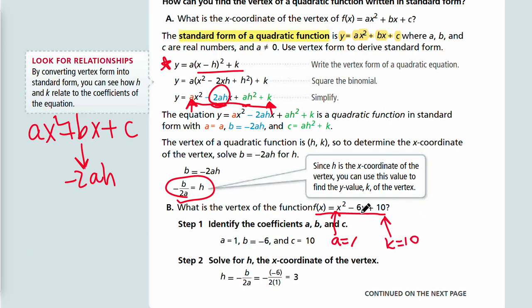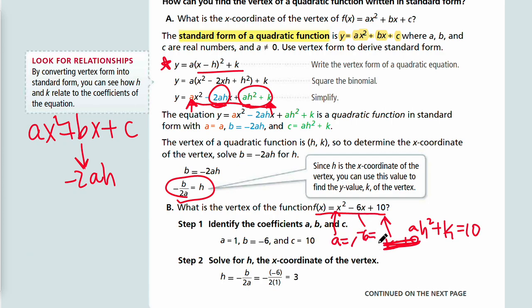Actually, the constant term is not just k. So ah squared plus k is equal to 10. Never mind, sorry. Okay, so that is c, and a is the only one that's a. Okay, and then negative 6 is going to be your negative 2ah.